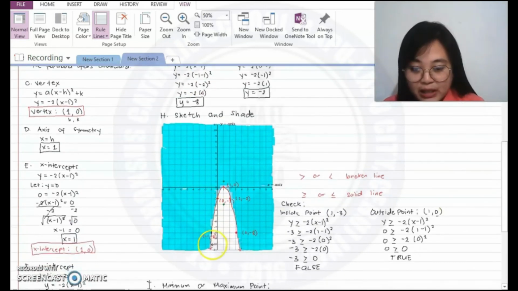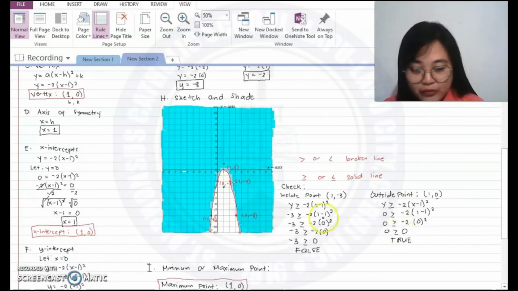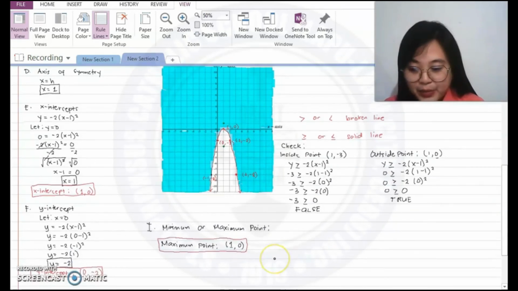So we use the solid line since the given inequality is greater than or equal to. Then we get 1 point from the inside and 1 point from the outside of the parabola. Then we test, and whichever of them is true, we shade it. The whole region of it, we need to shade it. And lastly, identify the maximum point.